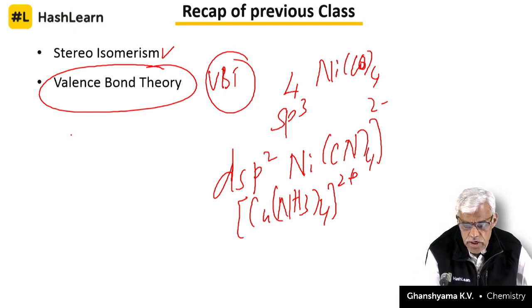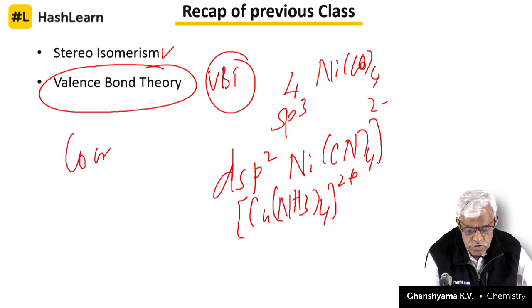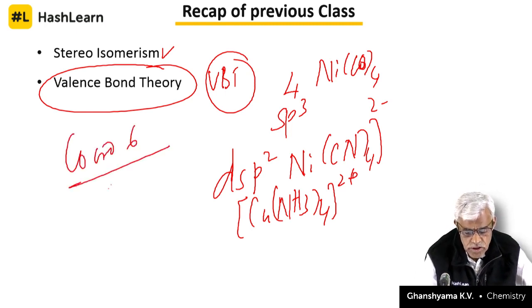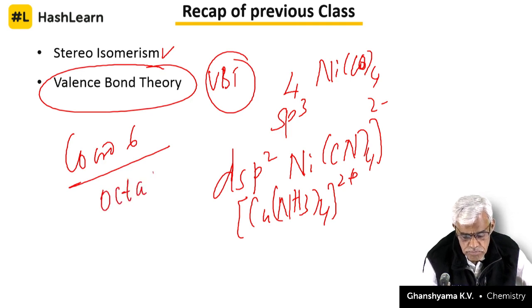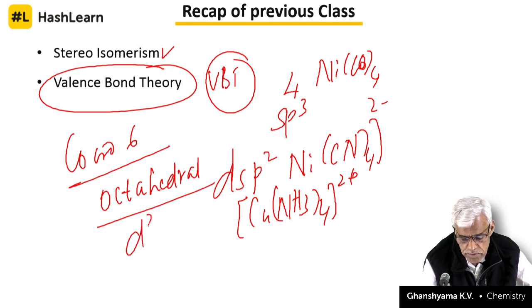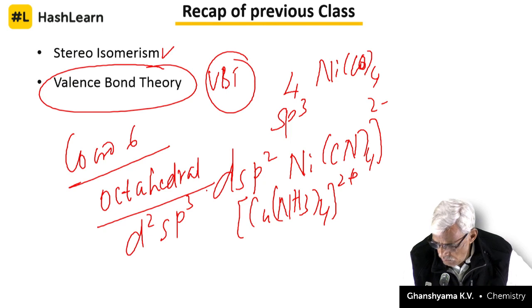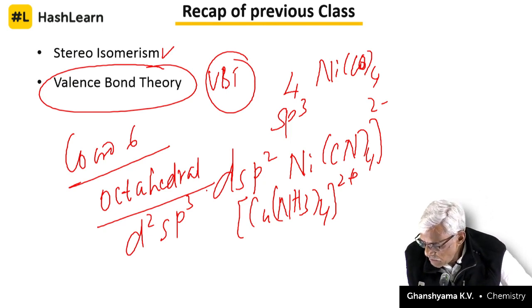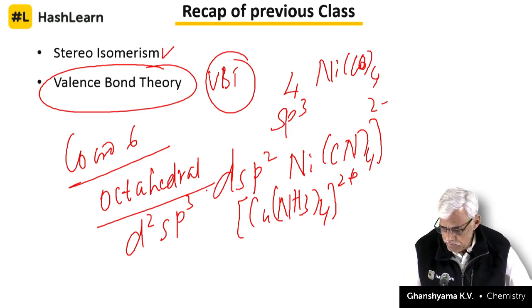Then where the coordination number is 6, it is octahedral. In this I think I explained d2sp3 hybridization. If not, I will take up that now.